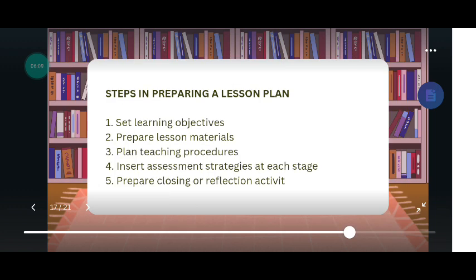Last is to prepare your closing or reflection activity. It is important so that after your lesson the students will have things to do, so that they can easily memorize and understand the lesson even after your lesson is done.